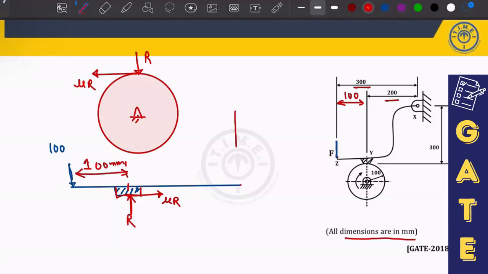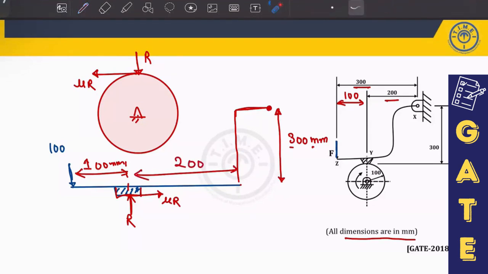Now at this point, the height is given as 300 mm. What about this distance? They have already mentioned it is 200. Now, in this case, the friction force will also create a moment. This distance is measured from this axis only, 300 mm.